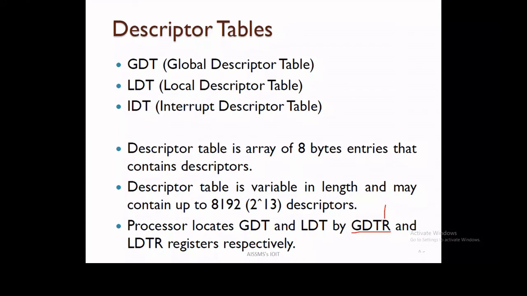It is a data structure that saves the base address of the global descriptor table. Then there is the local descriptor table register, which stores the base address of the LDT, the local descriptor table.